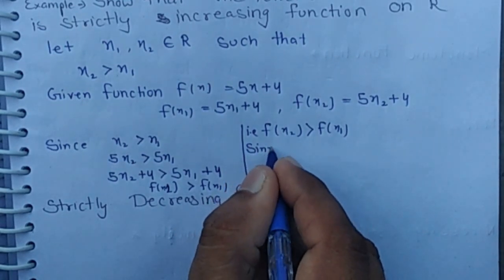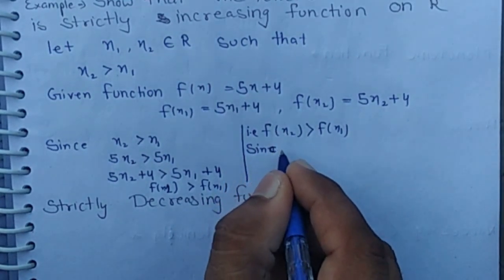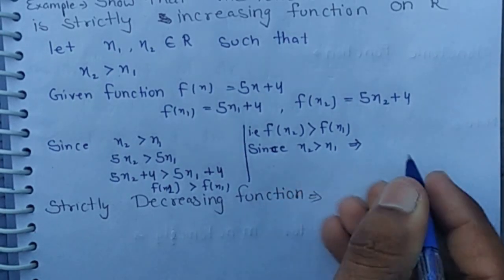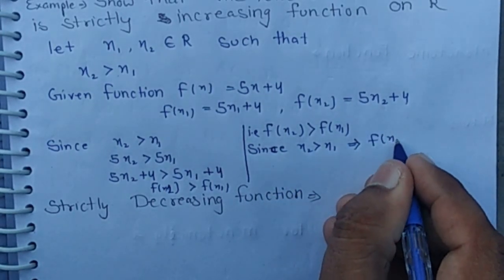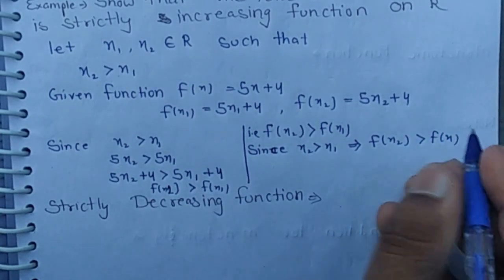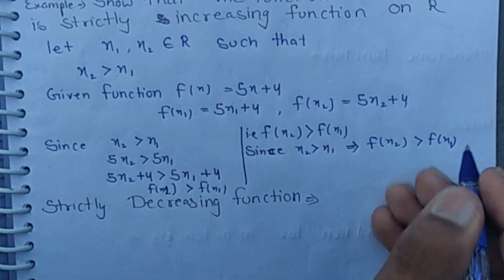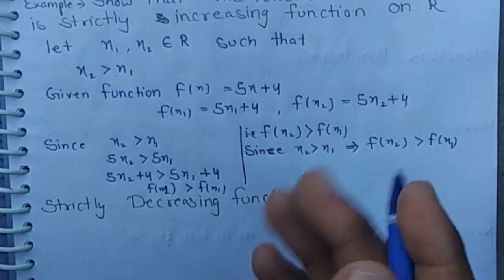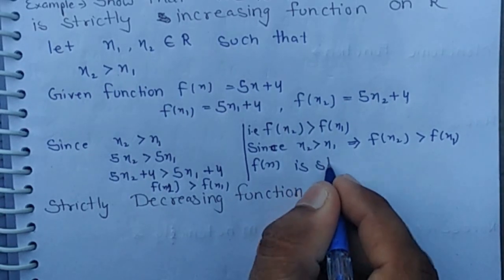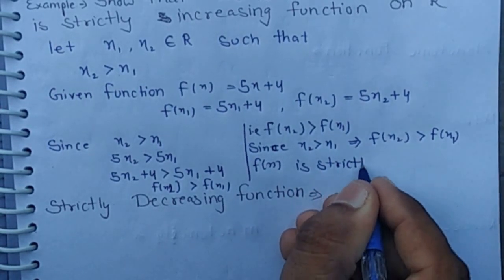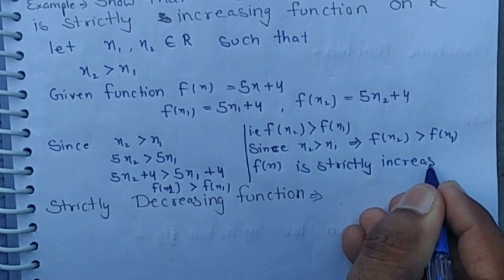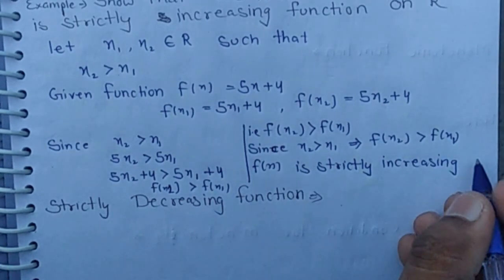Since x2 greater than x1 implies f(x2) is greater than f(x1), means the value of the function increases as we increase the value of x, then f(x) is a strictly increasing function.